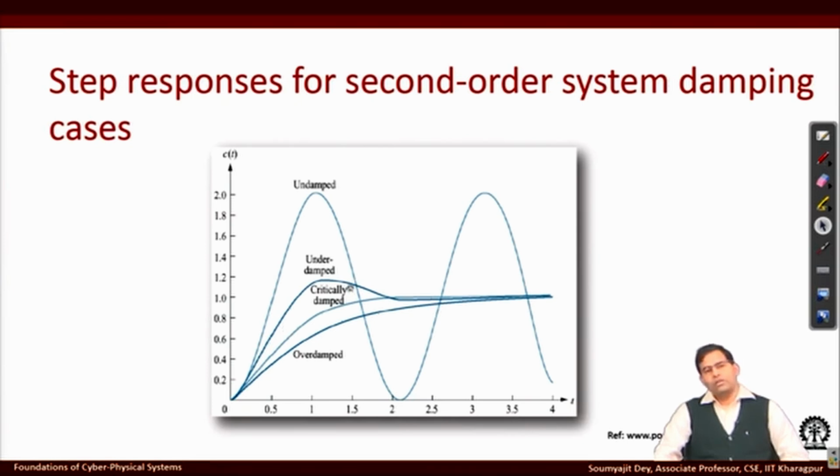So, what we want is that, if you are going to implement a system, it should respond fast, right? So, typically we will consider this underdamped case. The undamped case is not very useful because it's an oscillatory output.